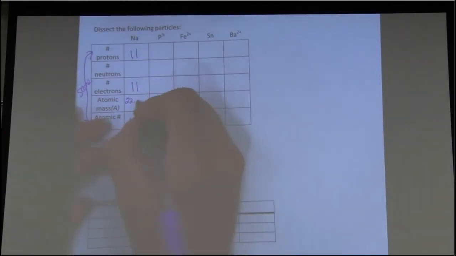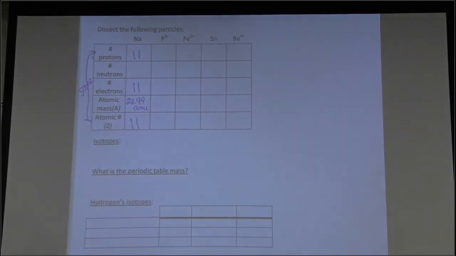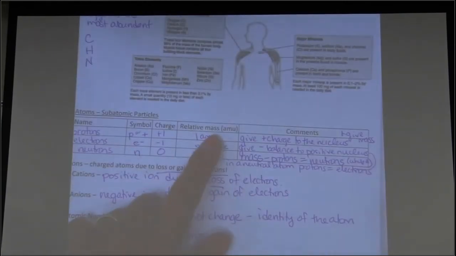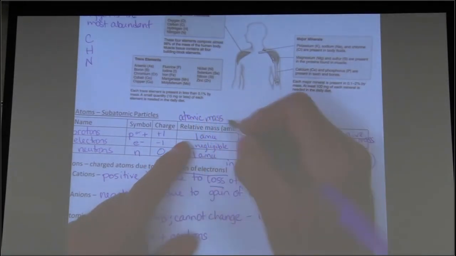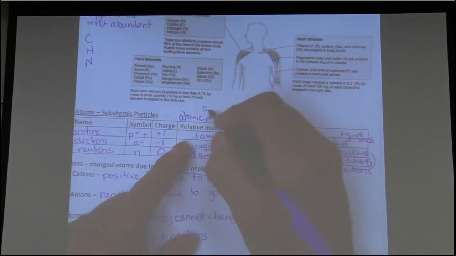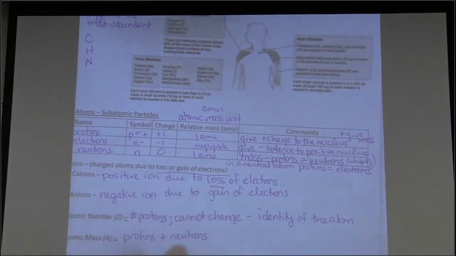So it's 22.99 AMU. Something I did not do that I need to do, you probably want to have this in your notes somewhere. I didn't tell you what AMU stood for. Anybody know? Atomic mass unit. It's just a generic term, but it stands for atomic mass unit.